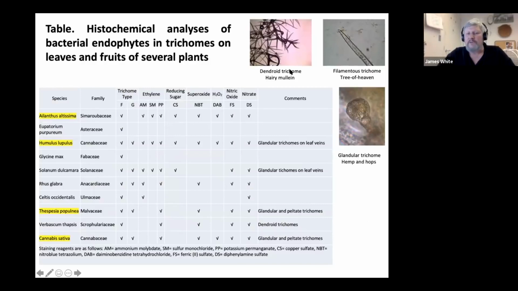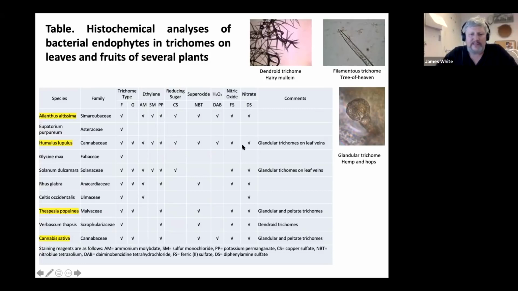Those trichomes are different kinds. There's dendroid trichomes, there's filamentous trichomes, there's glandular trichomes. I'm going to look at each one of those and show you what we have. But we stained all of these types of trichomes for all of those chemicals that I talked about before that have to do with the two equations in plants.